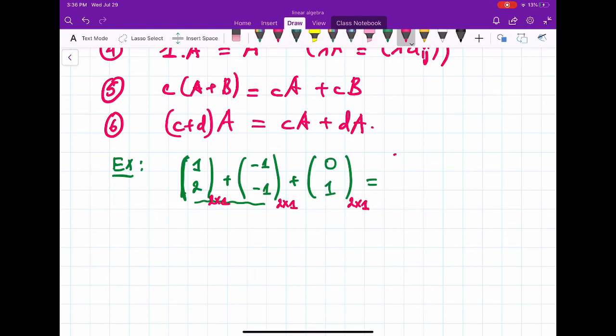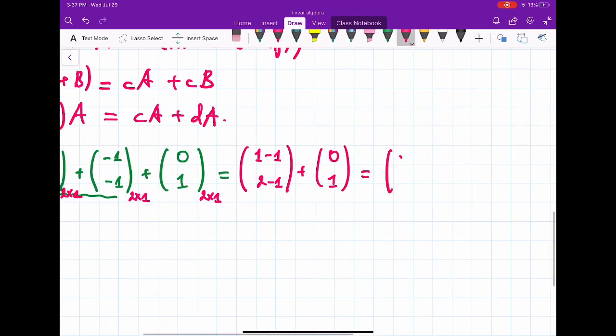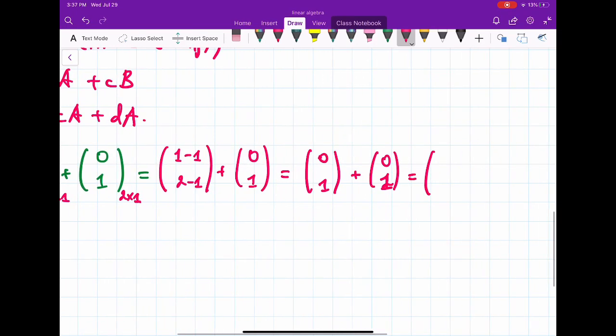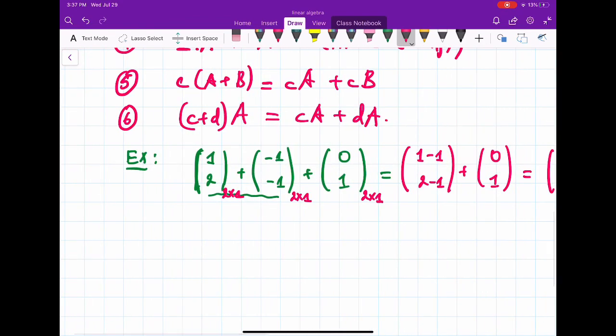So you get 1 minus 1, 2 plus 0, that is (0, 2), plus (0, 1). So you get (0, 3). Okay, it's pretty easy.